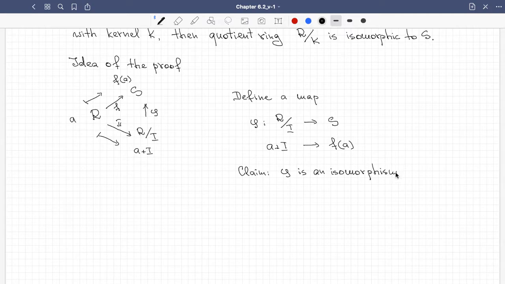So the two rings, the quotient ring R over I and the ring S, are isomorphic, and we are done. What do we need to check in order to justify this claim?